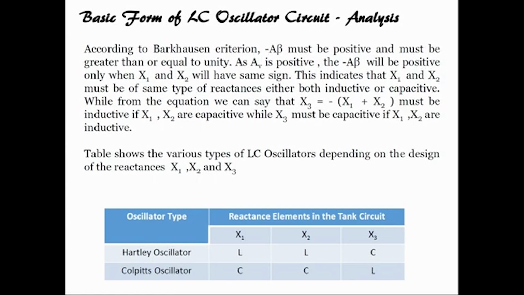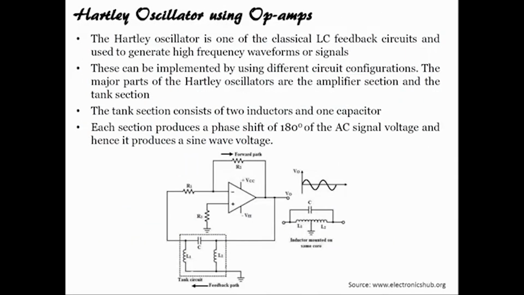So, if x1 and x2 are inductive and x3 is capacitive, it is a Hartley oscillator, and if x1 and x2 are capacitive and x3 is inductive, it is a Colpitts oscillator. We have seen this. Now, if I want to design a Hartley oscillator, this is the way to design it.